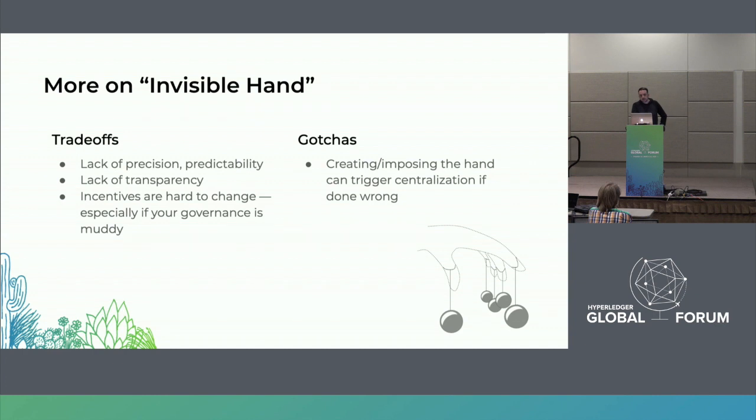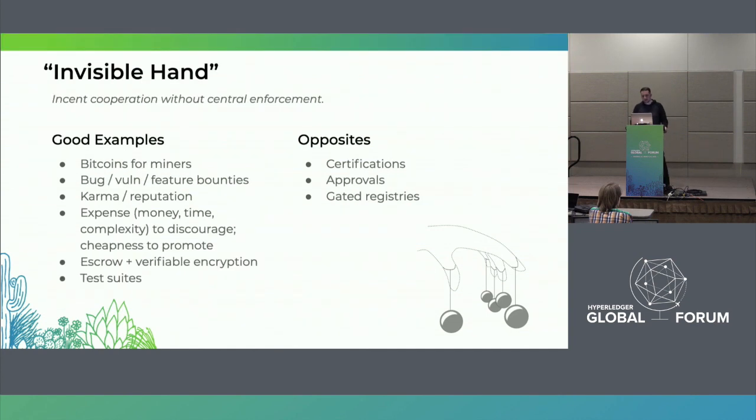There's some gotchas that go along with this pattern, and one of them is that when you use this, by the way you impose the hand, you can trigger centralization. So if I go back here, the difference between a test suite and a certification is whether you impose it. Okay? If you impose it, who's you? Whoever you is centralized.